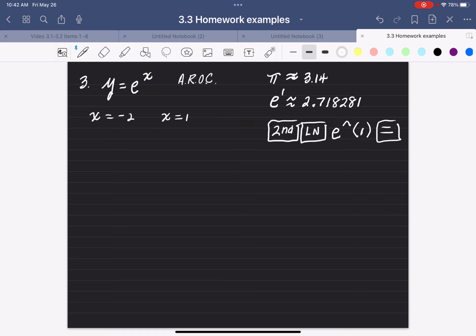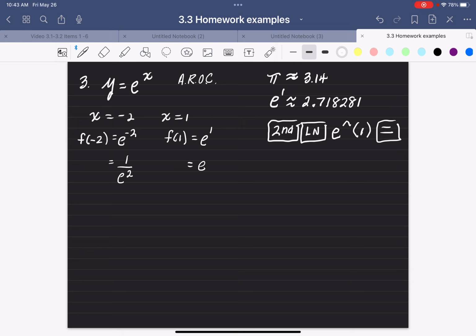Okay, so we have to find f of -2, which is going to be e to the -2. Well, that's 1 over e squared. And at x equals 1, f of 1 is e to the 1, which is just e.